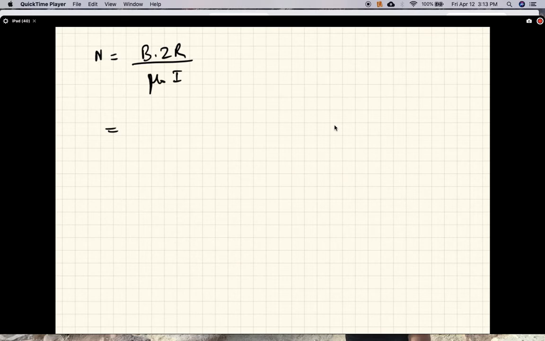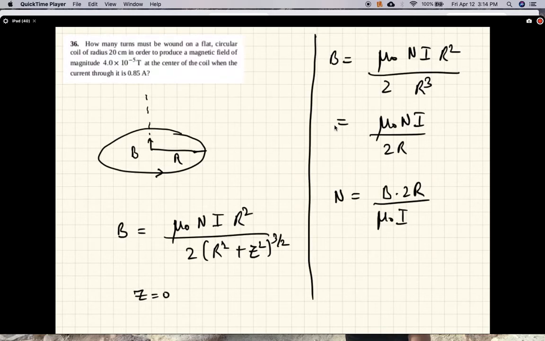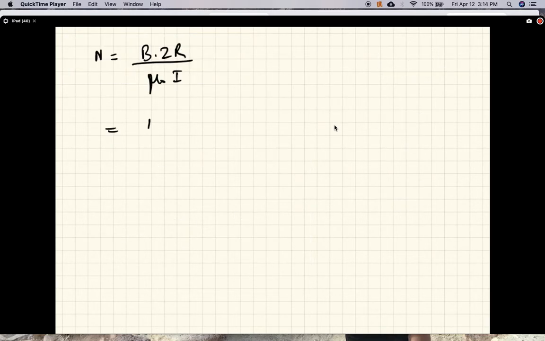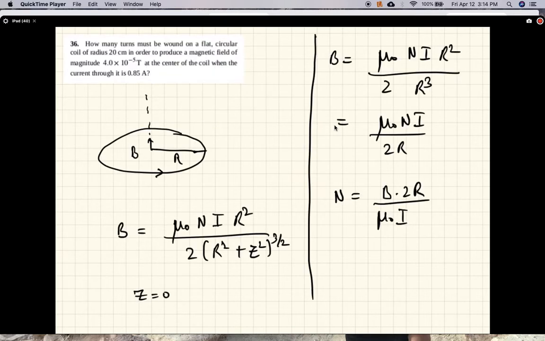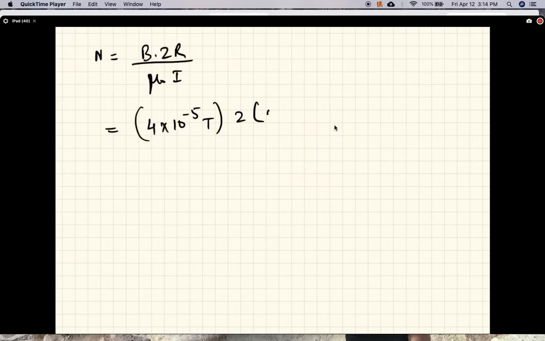The magnetic field is 4 times 10 to the minus 5 Tesla. Two times r is 20 centimeters, which is 0.2 meters.